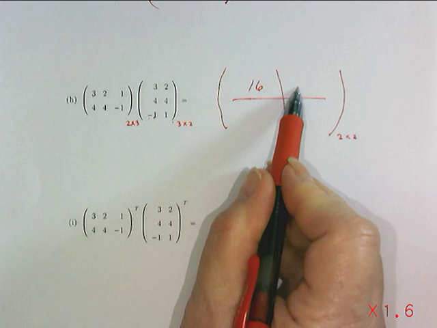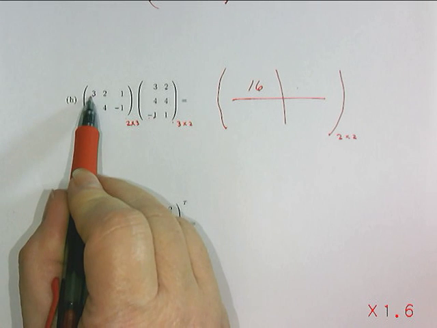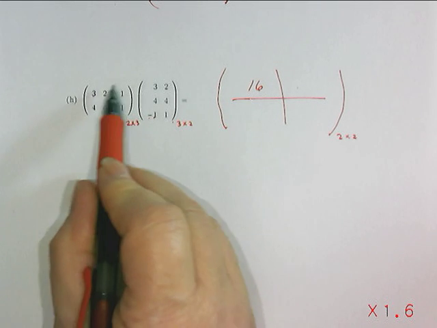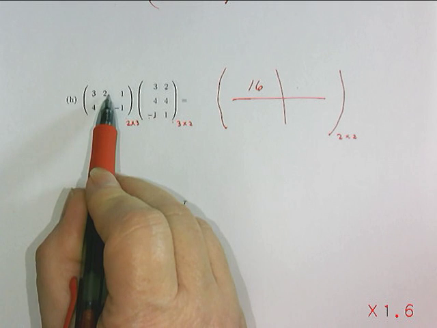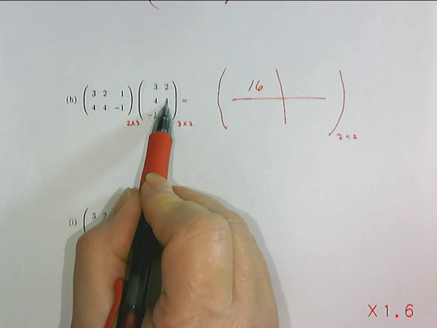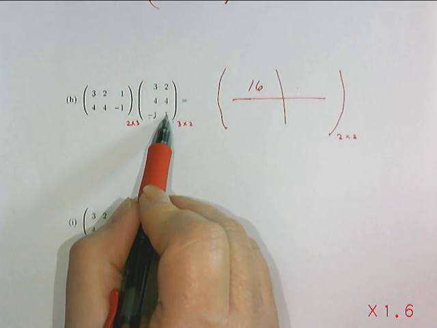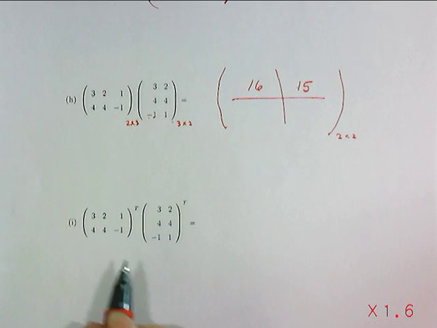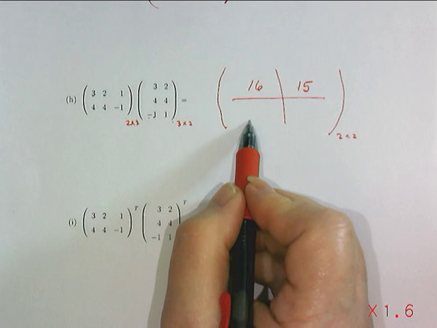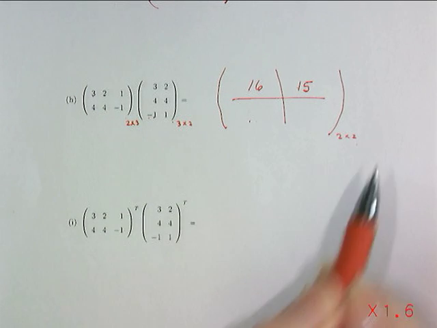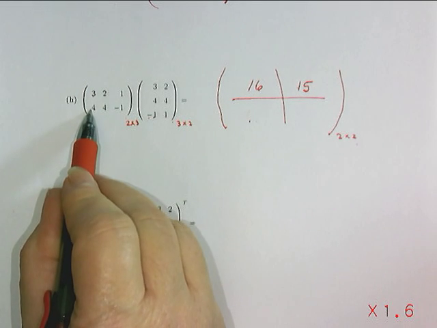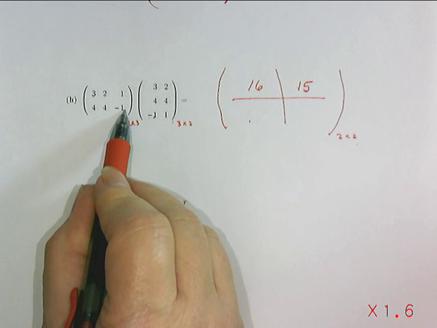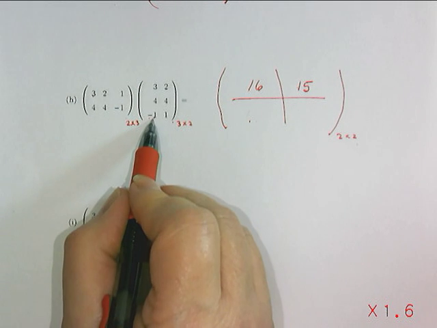Here, this component will be the dot product of the first row, second column. So that will be 3 times 2, which is 6, plus 8 plus 1, which is 15. This component in the matrix is going to be found by taking the dot product of the second row with the first column.